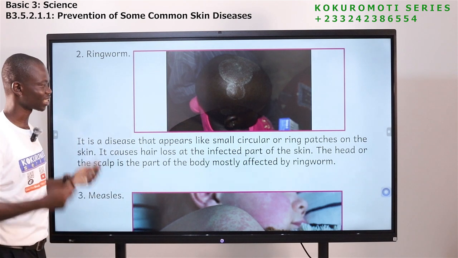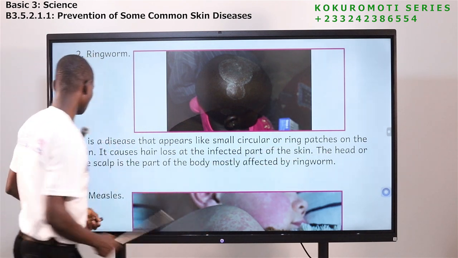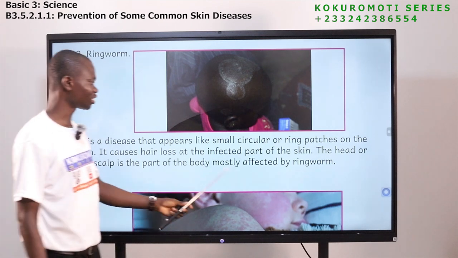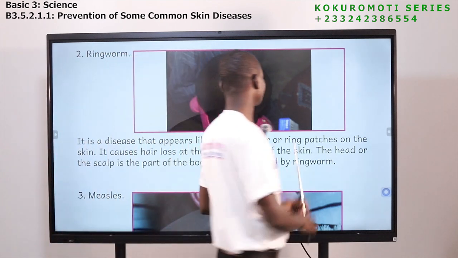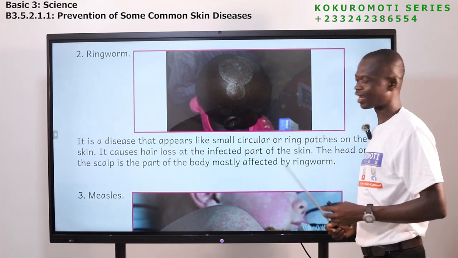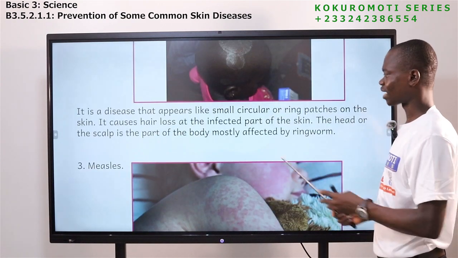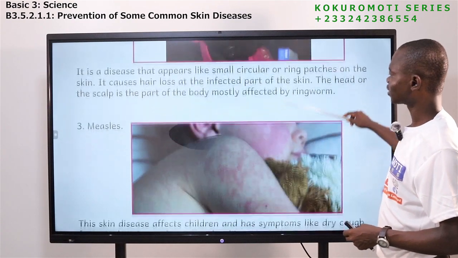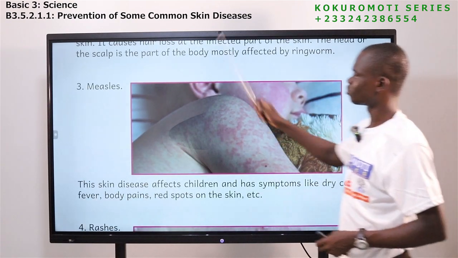So it causes hair loss. The head or the scalp is the part of the body mostly affected by ringworm. So you see the head. This is the area that most times this disease attacks or affects.